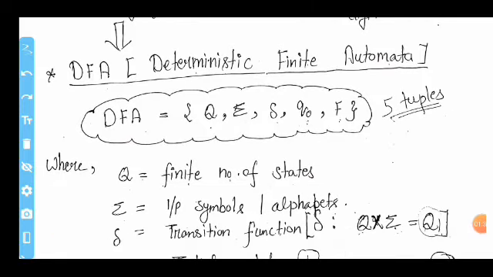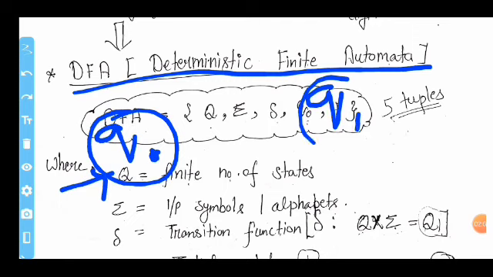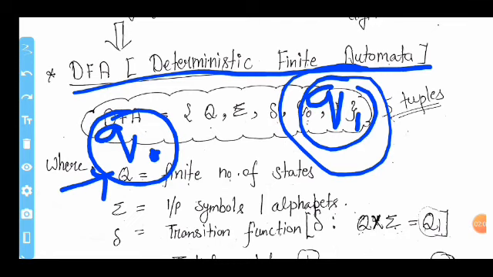Now come to DFA. DFA is a deterministic finite automata in which from each and every state, on every input symbol, exactly one transition should exist. Means if Q0 is your initial state and Q1 is your final state, then the transition between Q0 and Q1 exists on exactly one input symbol.